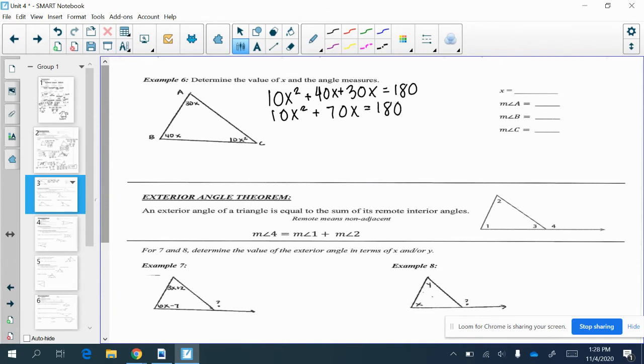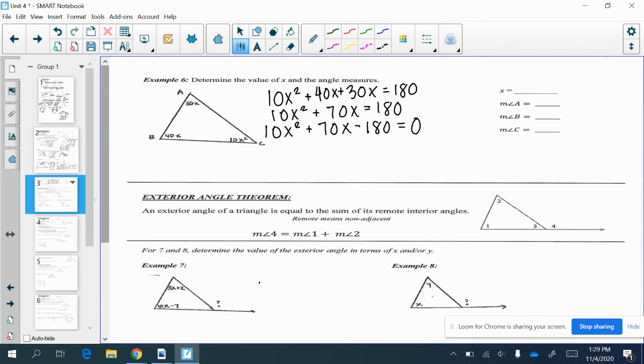Now I see this x squared part, so that does not mean that I can solve right away. So this is going to bring us back to Algebra 1. I'm sure it's your favorite thing, but we have to factor. So I'm going to get everything and set it equal to 0. So 10x squared plus 70x minus 180 is equal to 0.